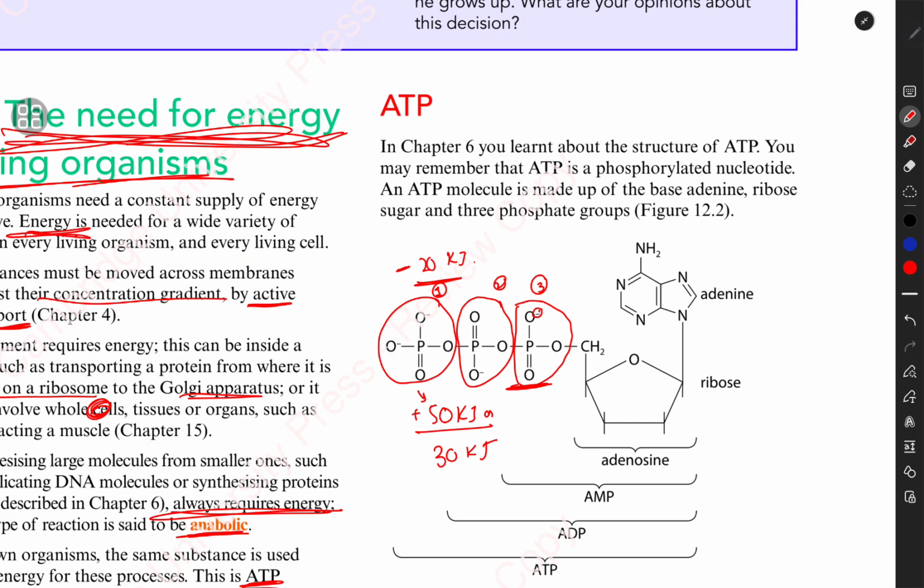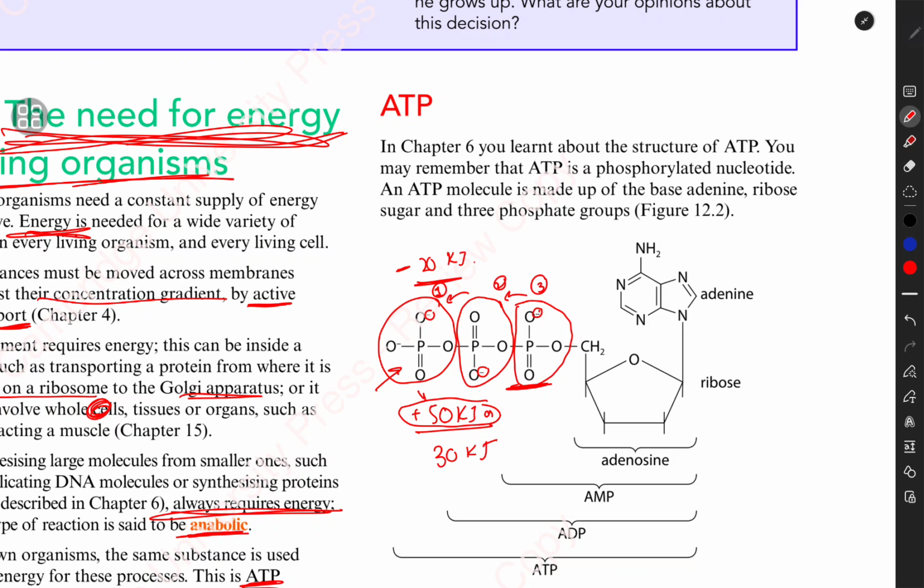All of these negative charges are jam packed really close together, and they don't really want to be here. The third one is repelling the second one to move away, and the second one is repelling the first one to just go away. This repulsion is the reason we have a huge amount of energy released when the first one is taken out.